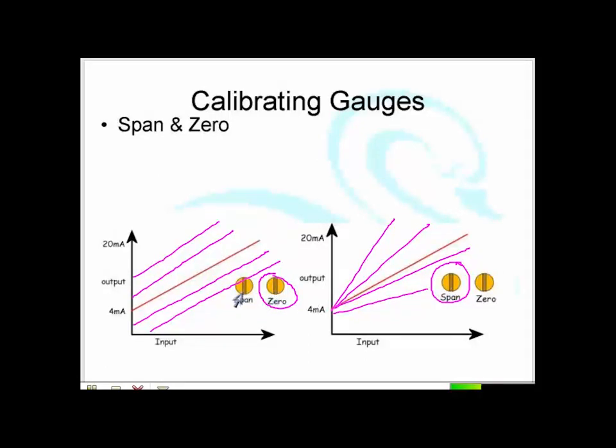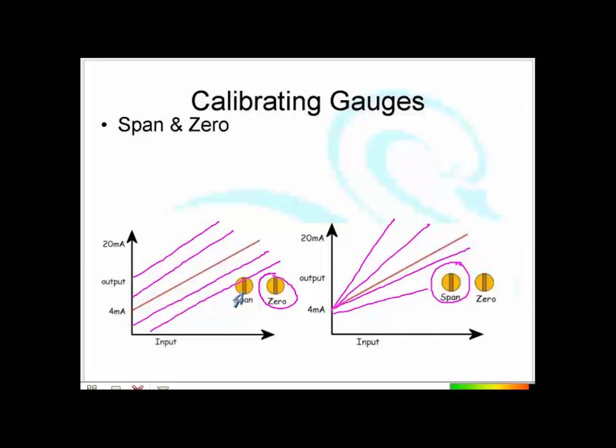Fact of the matter is, when we're calibrating gauges, whenever you adjust the span, it throws out the 0. And whenever you adjust the 0, it throws out the span. So calibrating an old gauge that had 2 screws on the side was a constant backwards and forwards procedure.